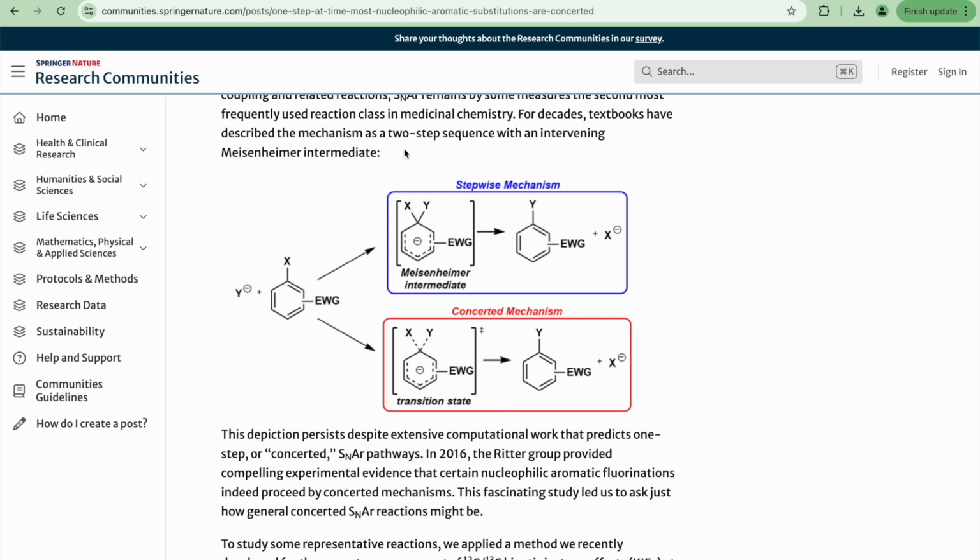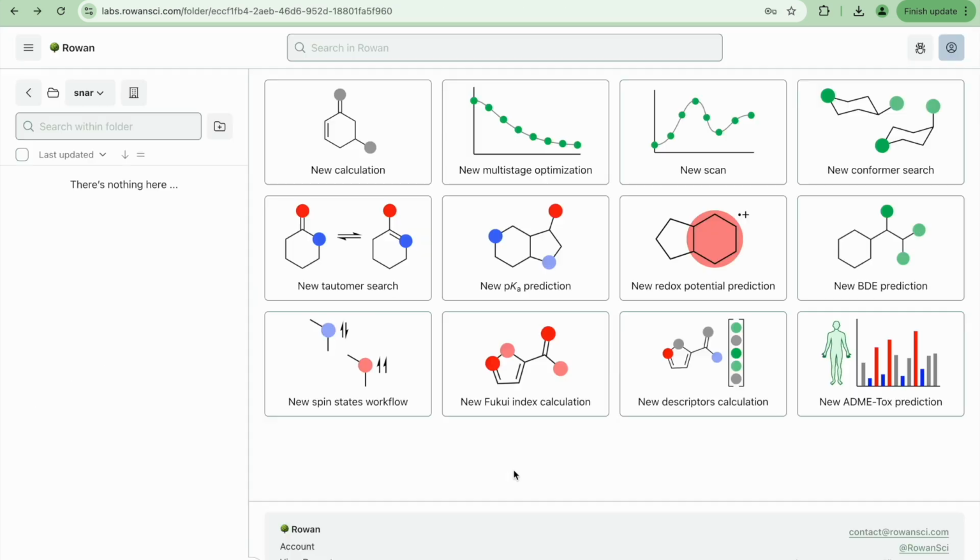And they argue that essentially this only happens in cases where you have extremely stabilizing electron withdrawing groups that stabilize the anionic intermediate, and that for most reactions of interest in medicinal chemistry, synthetic organic chemistry, etc., this intermediate is just too unstable and that the reaction happens in a single step. So let's see if we can find that one-step mechanism today in Rowan.